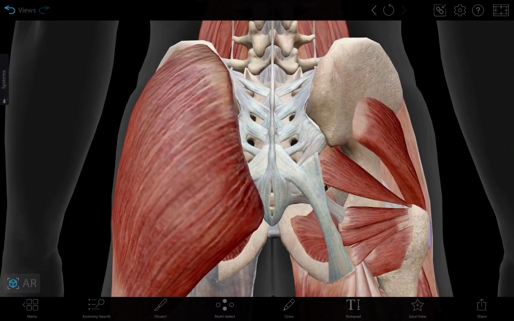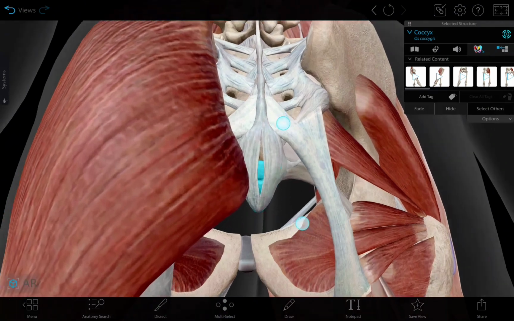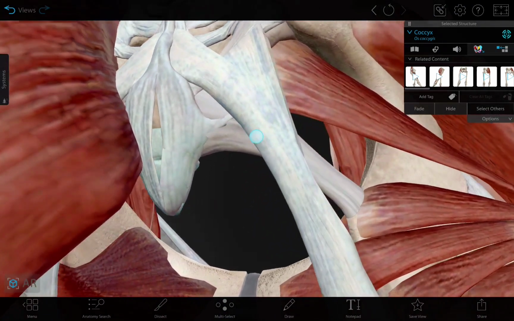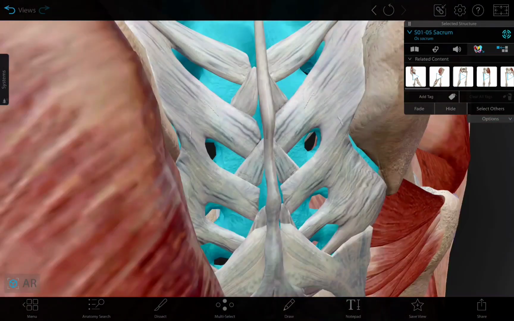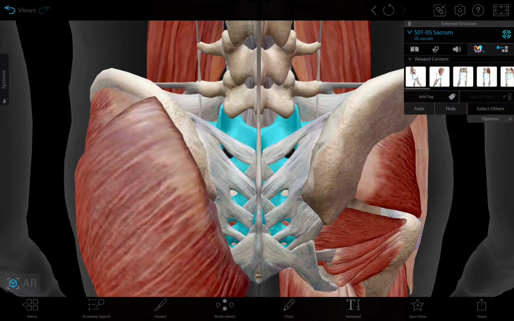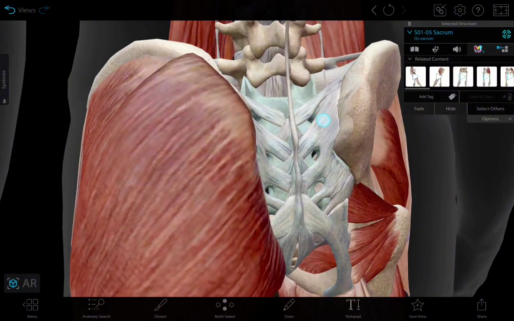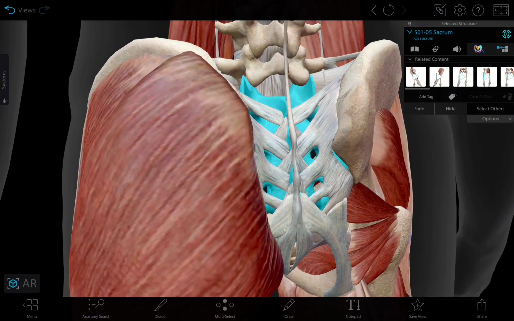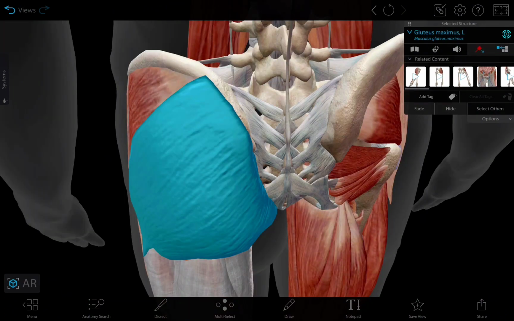Can you see where it is originating? This part is the coccyx, and this whole region is the sacrum. That's why I am telling you that the gluteus maximus muscle originates from the posterior ilium, sacrum and coccyx.